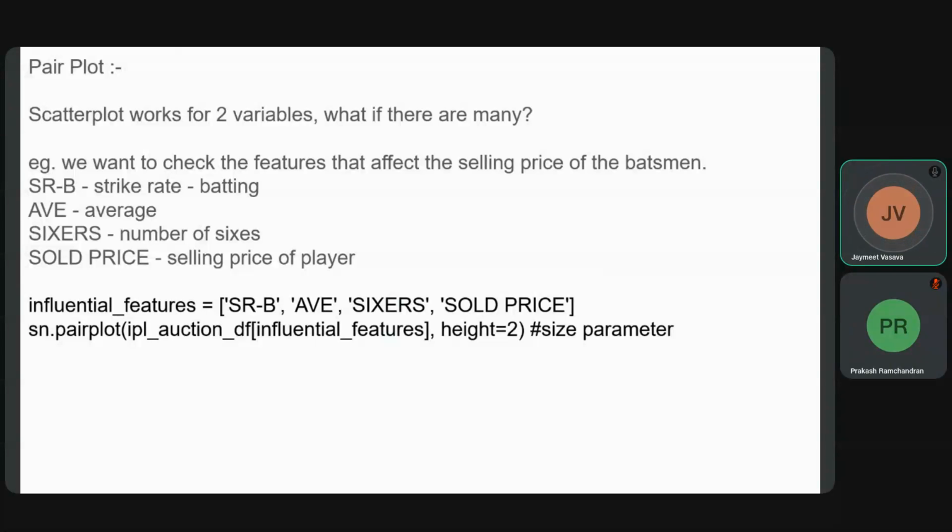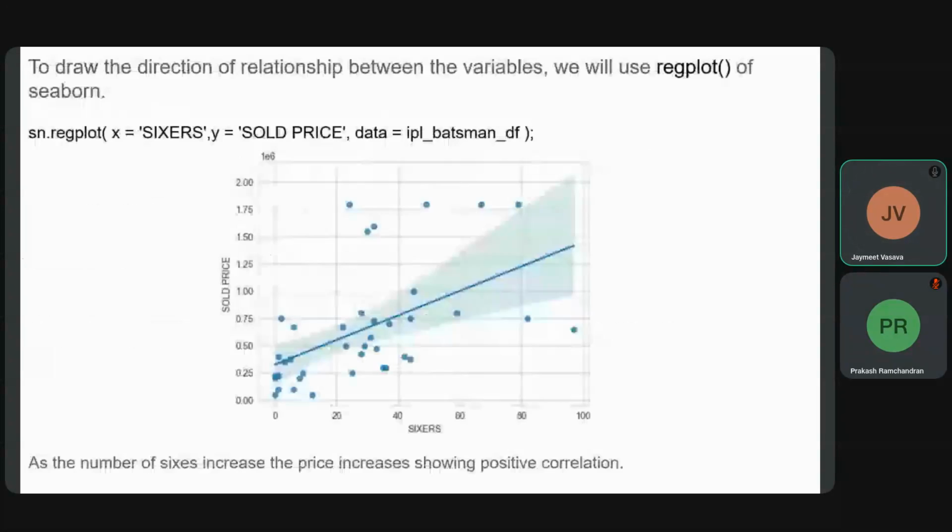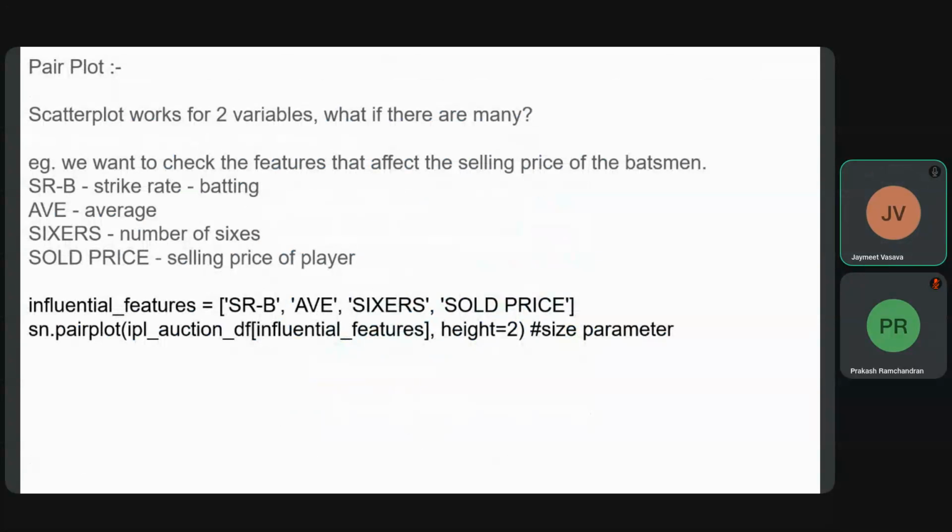Next is a pair plot, which works for multiple variables. A scatter plot, as we discussed, works for two variables, which are the number of sixes and the selling price. What if we want to create one for more variables?